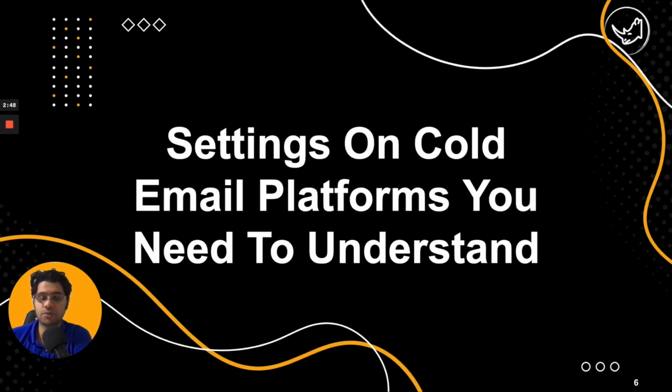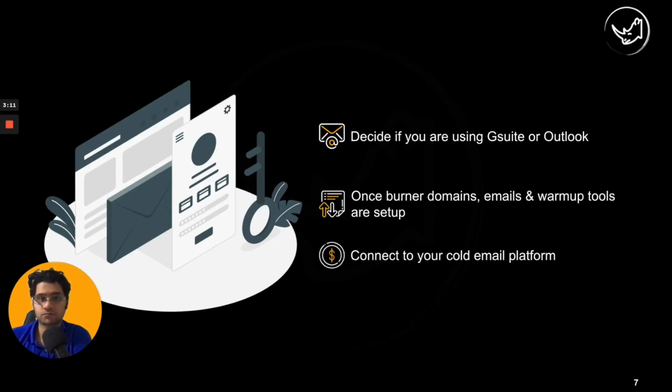So let's jump into certain settings you need to know when setting up your cold email platform. I'm going to assume that at this point you know which cold email platform you want, you've set it up, your Gmail or G Suite account is connected to it, and all of that. But let's talk about some settings which I know a lot of people often overlook.